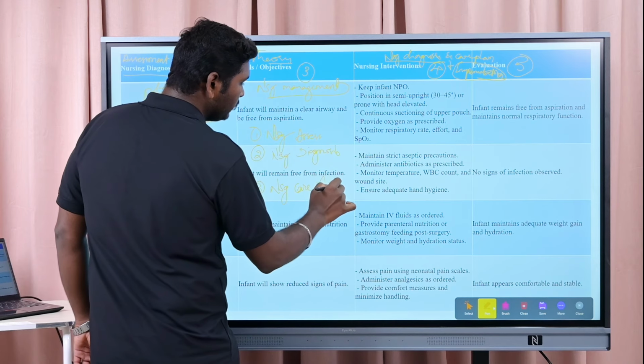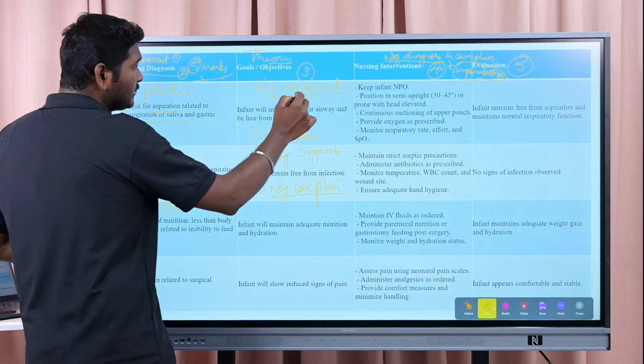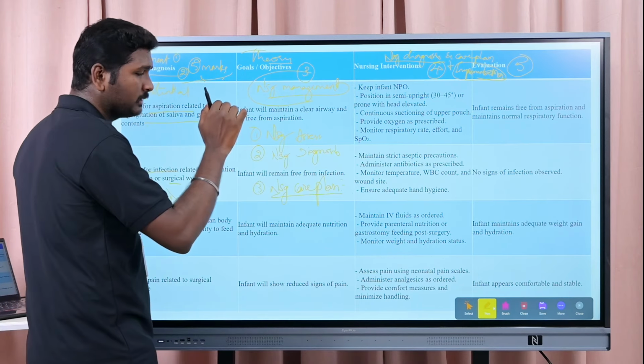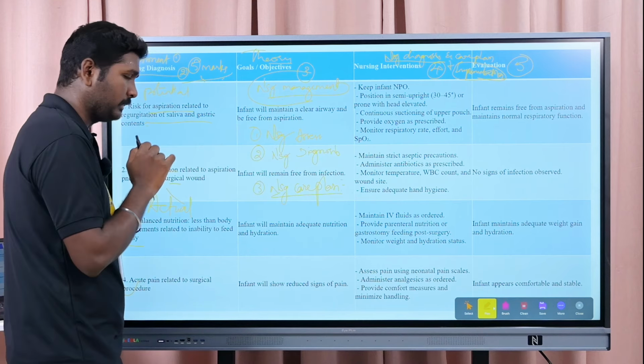In this care plan you will be writing the interventions along with that. Always remember, whenever they ask for 5 marks of any nursing management of one particular condition, you have to present it in this manner.